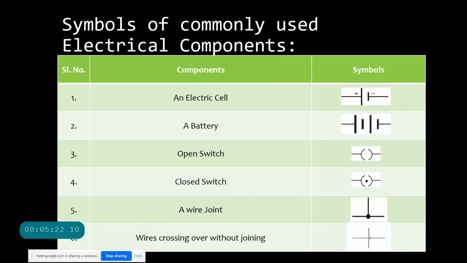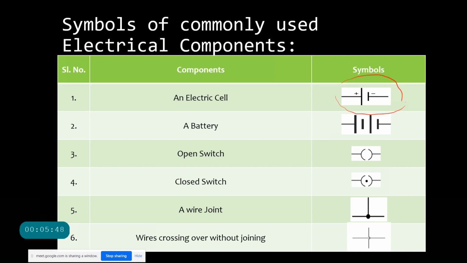And the symbols given to the electrical components which we commonly use in our circuit diagrams are: the first one is the electric cell, and the symbol of the electric cell is like this. Can you see this? And the next one is the battery.